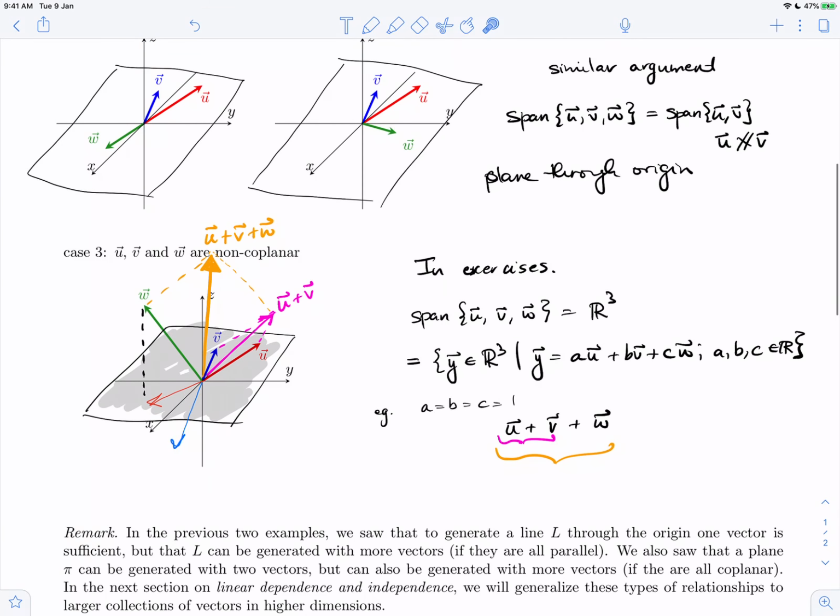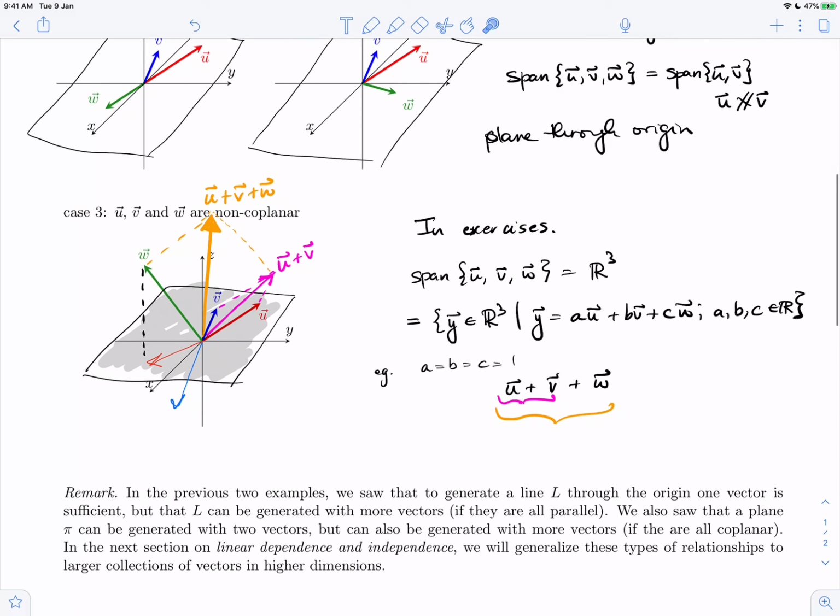So let's just read the last remark on this page, and that will be the end of the video. What we should take stock of here is that in this example and the one in the previous video, we saw that to generate a line through the origin, one vector is sufficient. But we just looked at this example and we can generate a line with more vectors. We did it with 3 if they are all parallel.